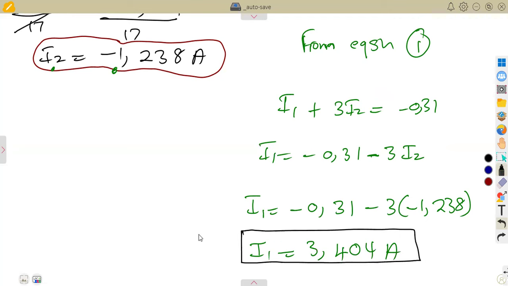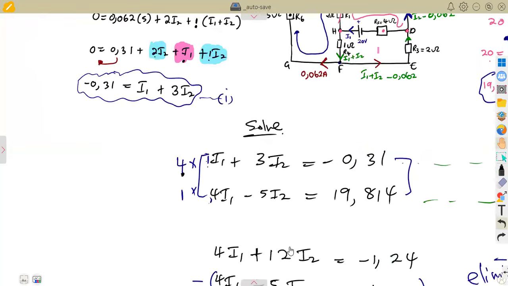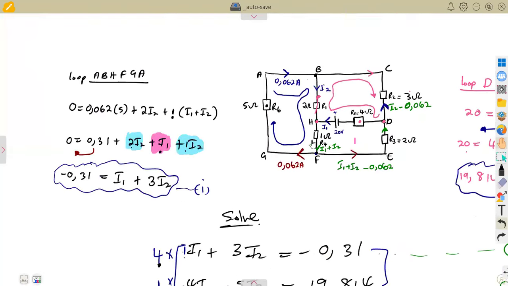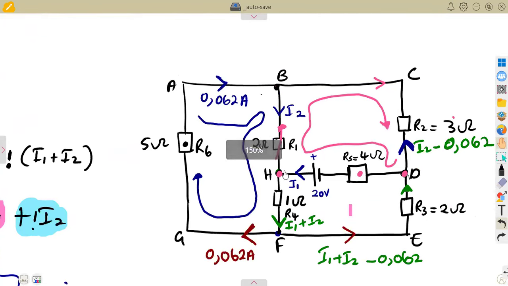So guys, these are the typical questions that you might be considering. You can formulate with any loop, as long as the question gives you a choice, like you're making any loop of your choice.